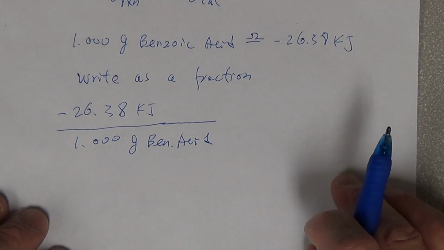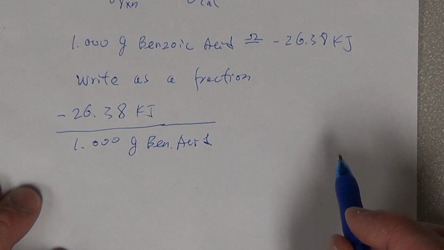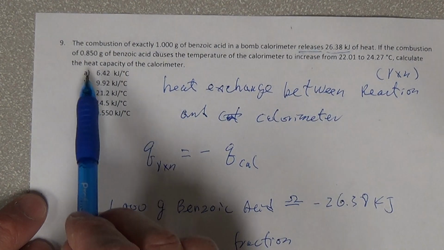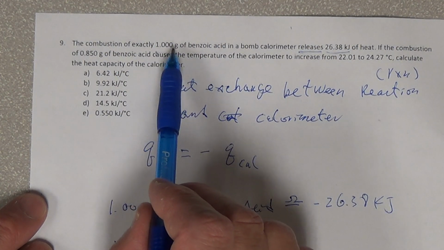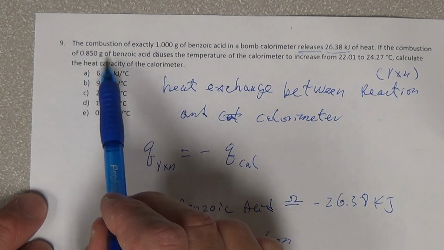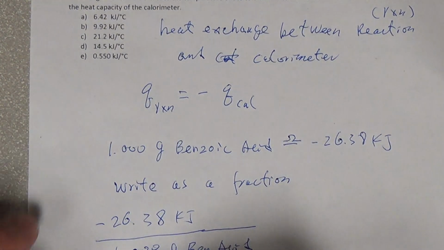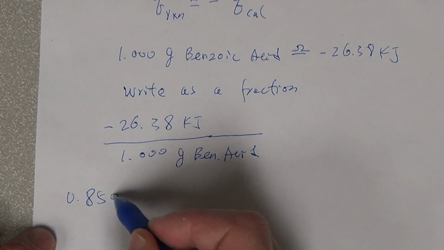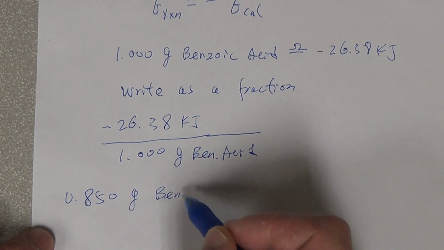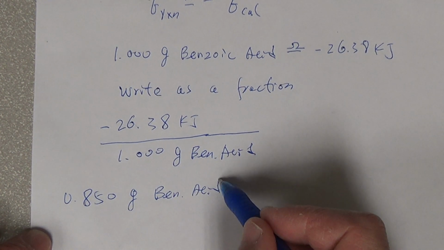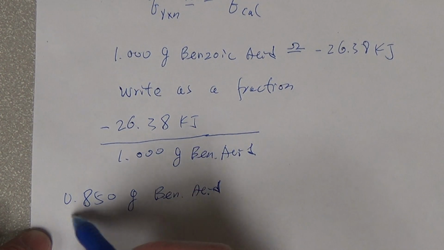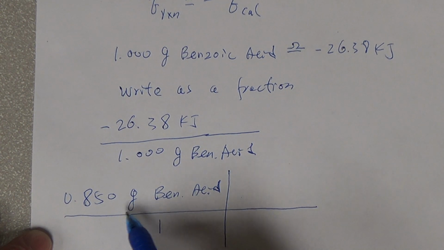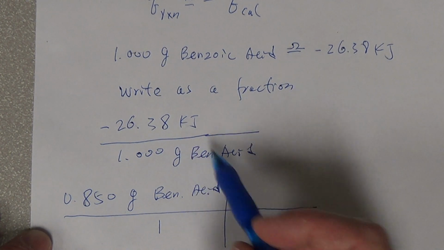And next step, you will take how much benzoic acid was actually used. They tell you that you did not use 1 gram, you did not use 2 grams, you used 0.850 gram of benzoic acid, and this fraction. So we can convert this gram of benzoic acid into how many kilojoules.